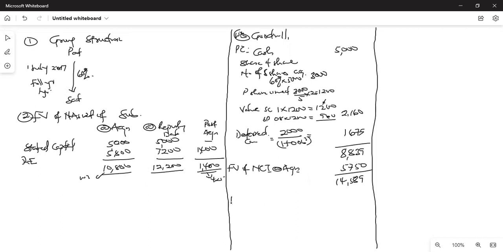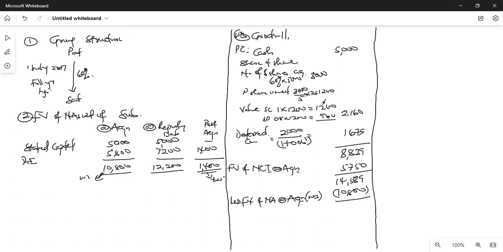Then you less fair value of net assets at acquisition, which is derived from workings 2. Here you are. Less it, 10,800. There is no attributable goodwill. Okay, then there is no impairment.